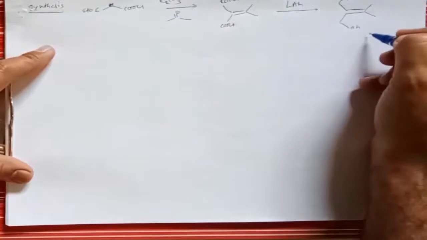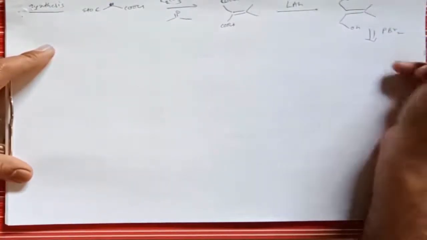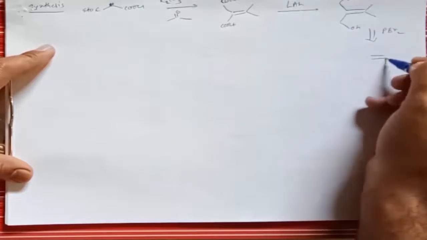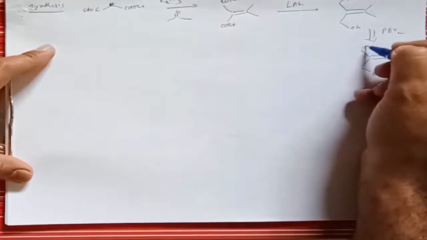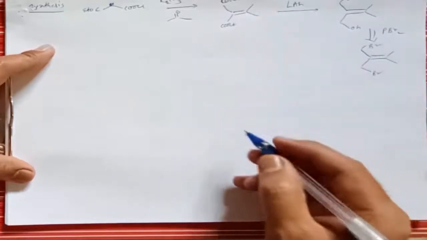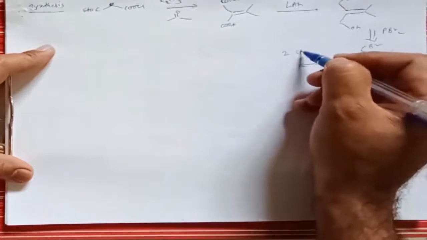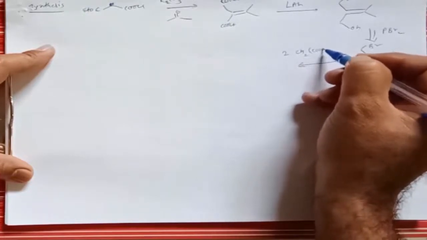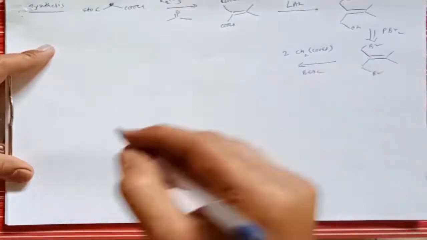And now if we treat this molecule with red phosphorus plus bromine, it gives PBr3 and it gives formation of a dibromo compound like this. So this is a dibromo compound. Now we can treat this molecule with two molecules of CH2COOEt in presence of a base, that is sodium methoxide, in presence of ethanol.